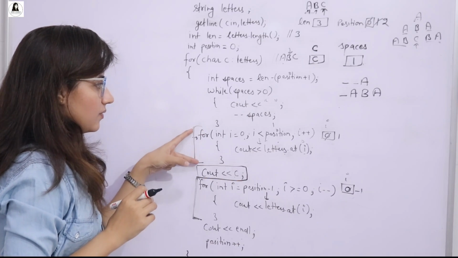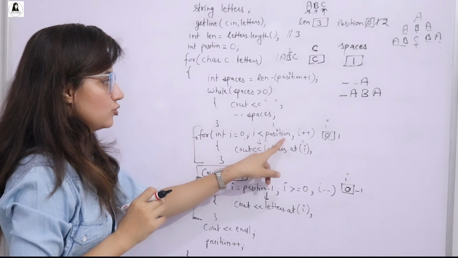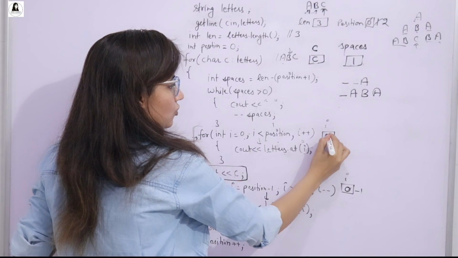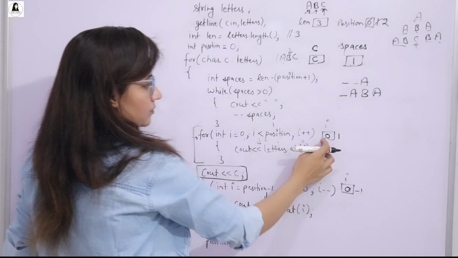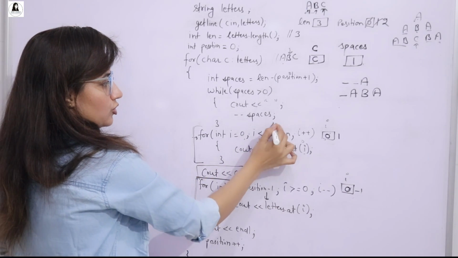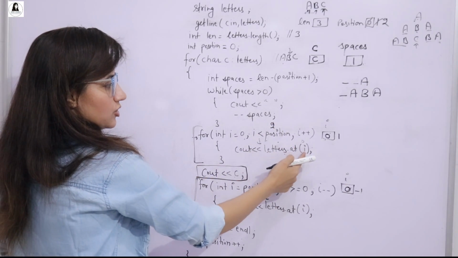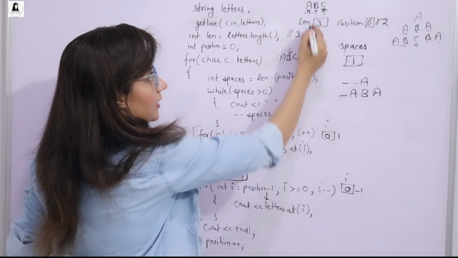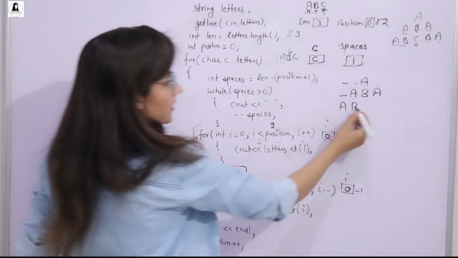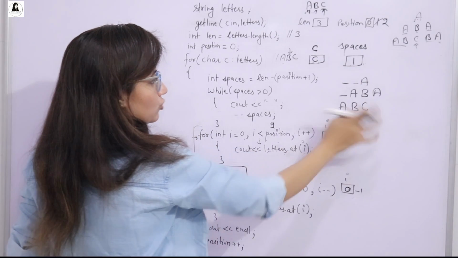Right. Now this one. Position is 2. So I is 0, then 1. 2 times this loop would be executed because position is 2, right? So letters at 0, letters at 1 would be printed. Letter at 0 is A, then B would be printed. Now the current letter in C is C, so C would be printed.